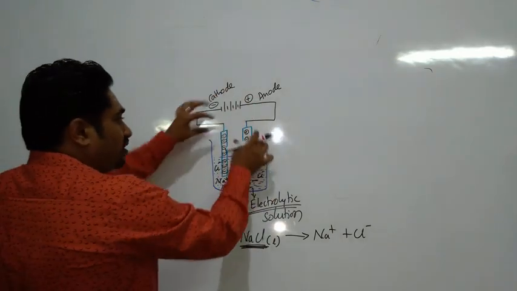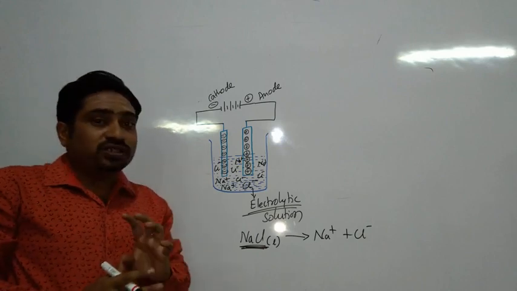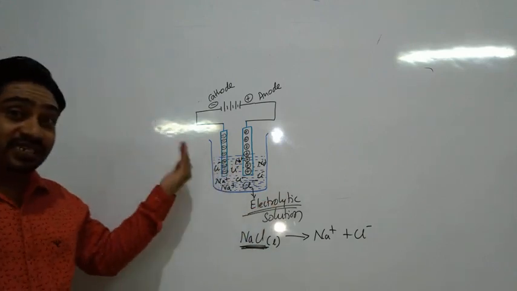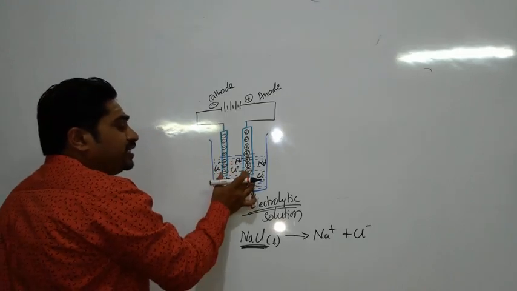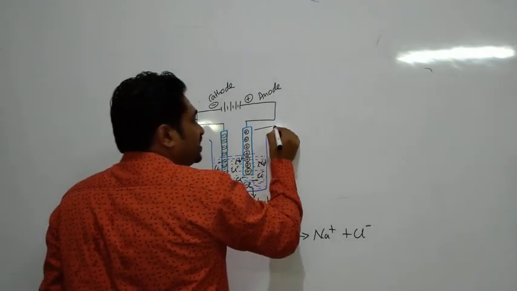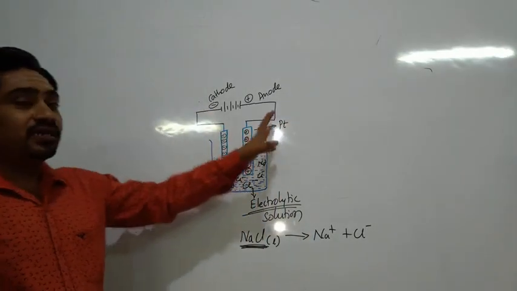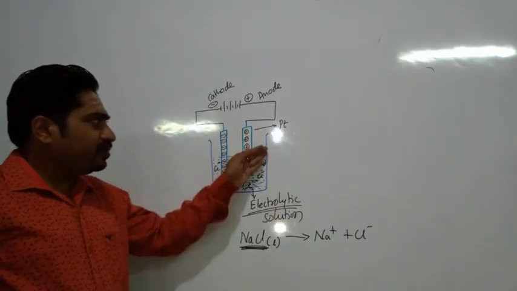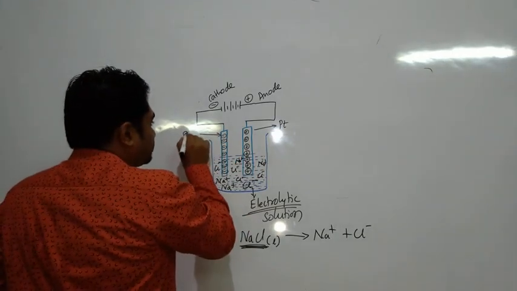In this solution, I will insert two electrodes. About electrodes we discussed in our previous class. The nature of these two electrodes is inert. For inert electrodes I will take platinum electrodes. What do you mean by inert?